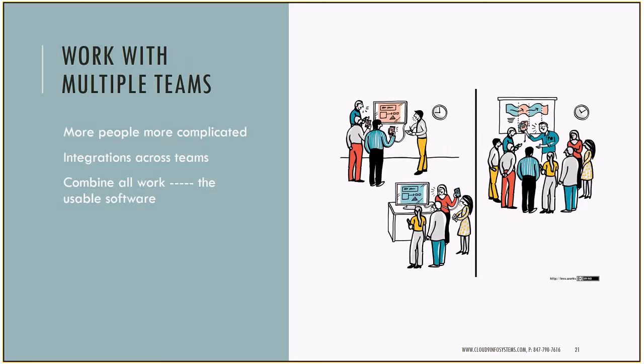Say you have multiple teams, more people, more complications. Now your integrations are not just across you and a couple of other people, it's across a couple of different teams. They're probably working on multiple sub-products and sub-areas. And you're trying to bring all of that together, combine the work, and eventually ship everything out.